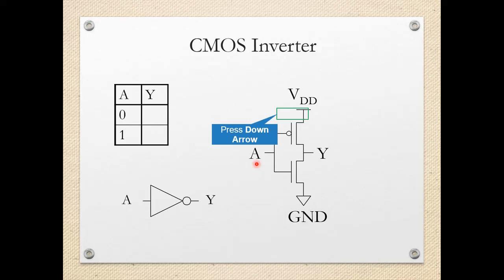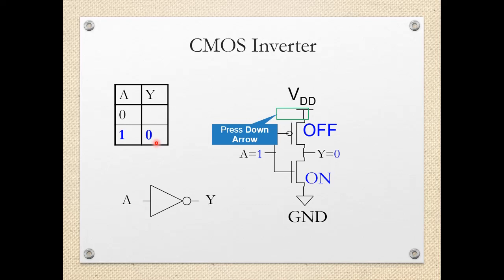This input A may have two conditions, either logic 0 or logic 1. As the name suggests, it is an inverter. First we'll check the condition A equal to 1.